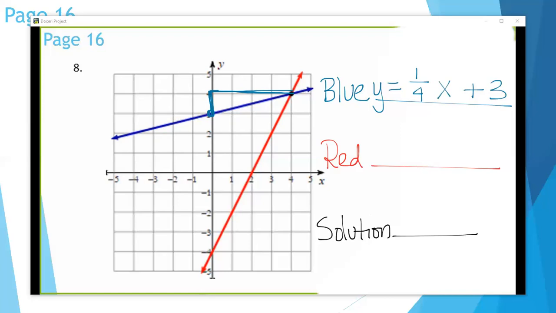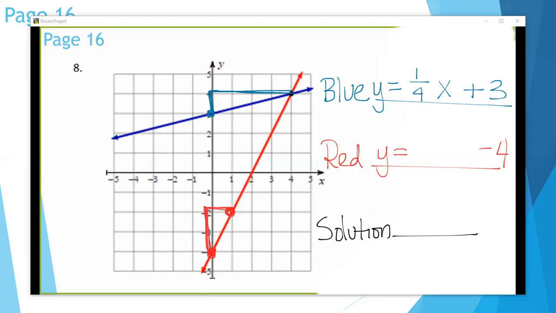For my red line, here is my y-intercept. The -4 is here. To go from here to here, it's still positive. I have to go up 2 to the right 1.